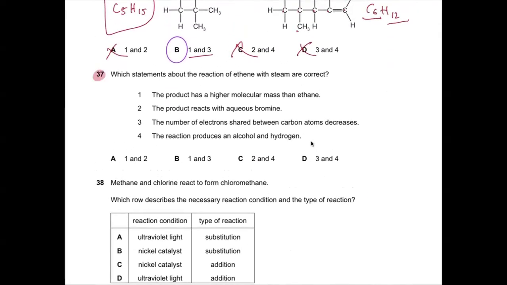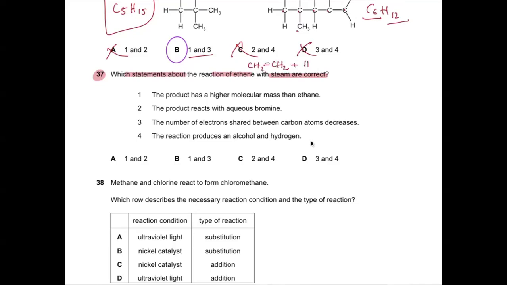Now, MCQ number 37. Which statements about the reaction of ethene and steam are correct? So ethene is CH2 double bond CH2.